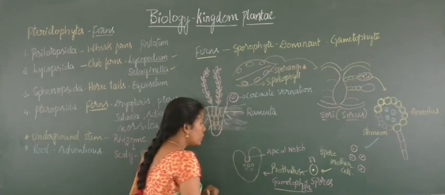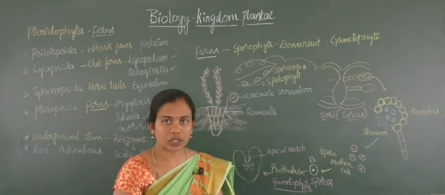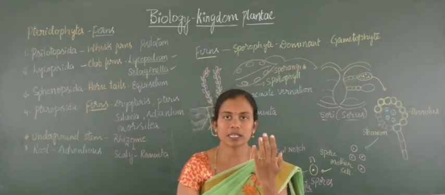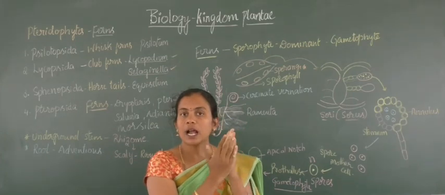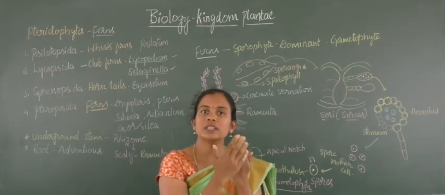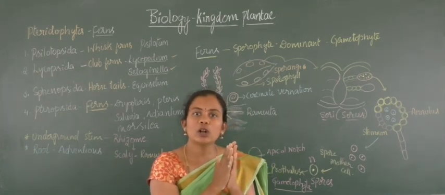And when you look at the prothallus, there will be a sheet like or mat like structure. If you consider this as a prothallus, this is a ventral surface and this is a dorsal surface, and there will be roots and the gamete structures on the ventral side, and on the top we cannot see anything.